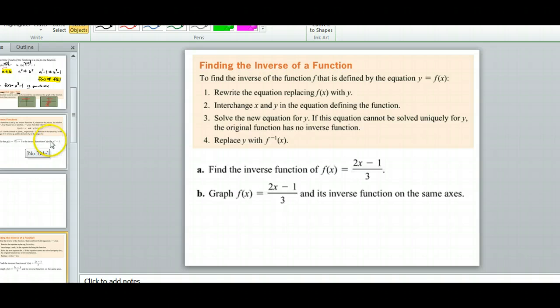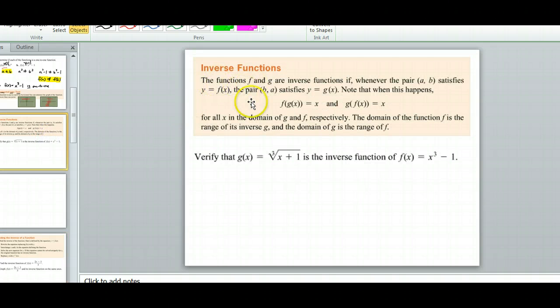Alright, now inverse functions. Two functions are inverse functions if, again, when we compose them, we get x. That's what we said earlier. Notice also, if a point (a, b) is on one function, then the point (b, a) is on its inverse. Meaning, if (1, 3) was on this function, (3, 1) is on its inverse.